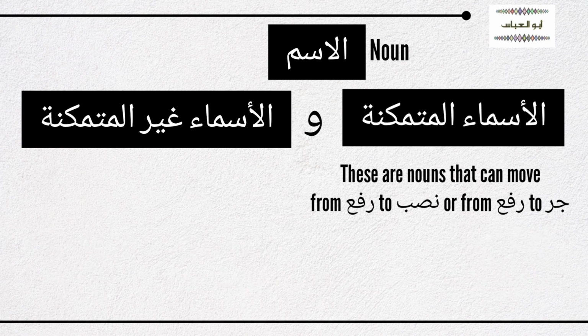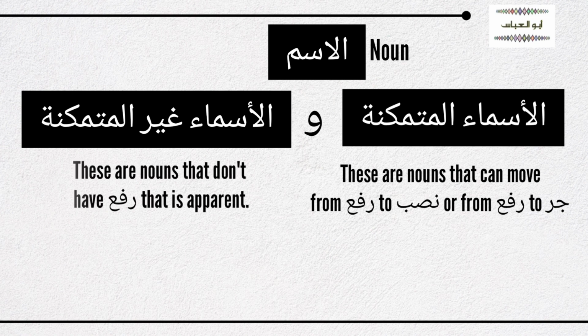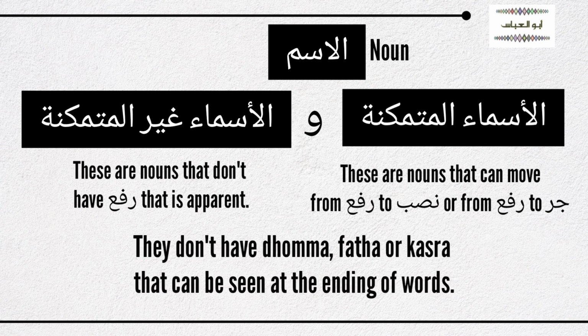As for al-asma ghayrul mutamakkini, these are nouns that don't have raf'u, they don't have dhamma that you can see, they don't have kasra that you can see, they don't have fatha that you can see at the ending of the kalima.